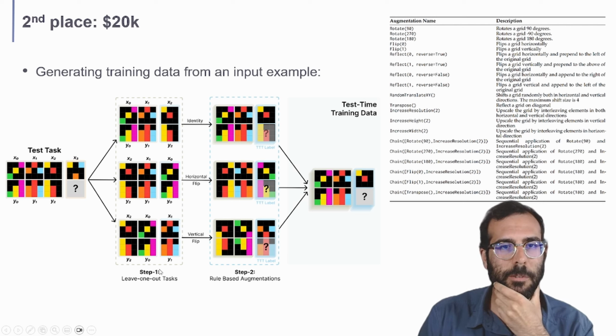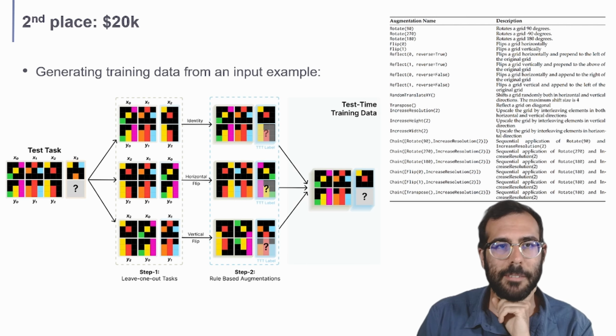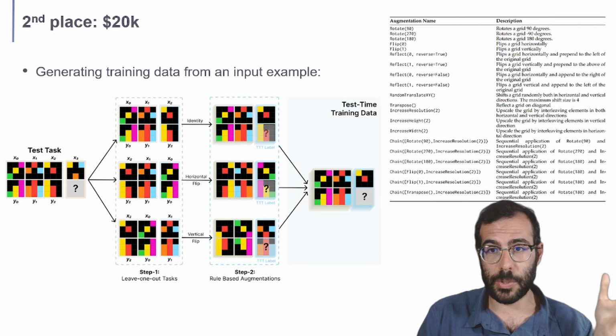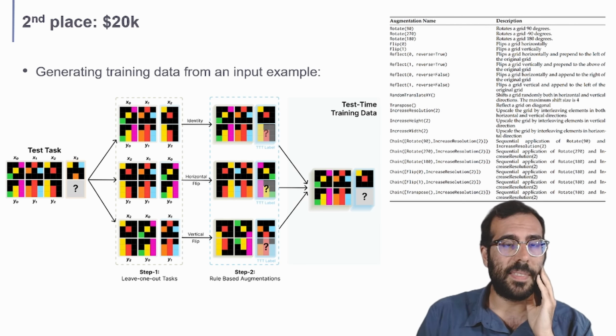First, they create a bunch of leave one out tasks, and this is done in a very clever way. They essentially ignore the test case, because you don't know what the solution is for that one, and then they take the examples for which you do have the solution, they remove one and they use that as the test grid, but now you know what the solution for that one should be.